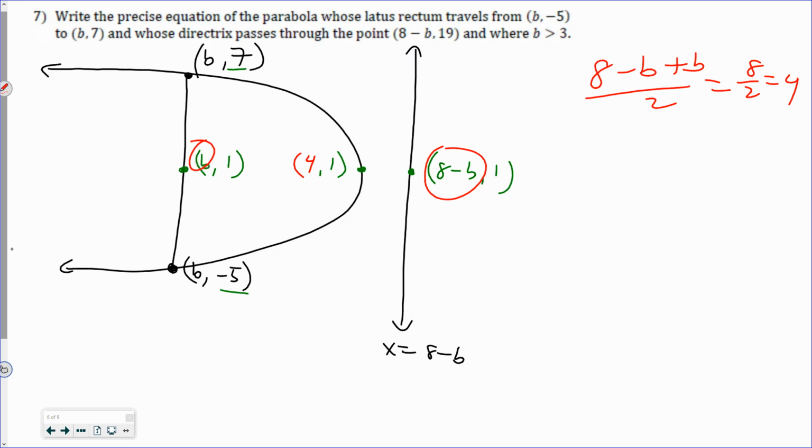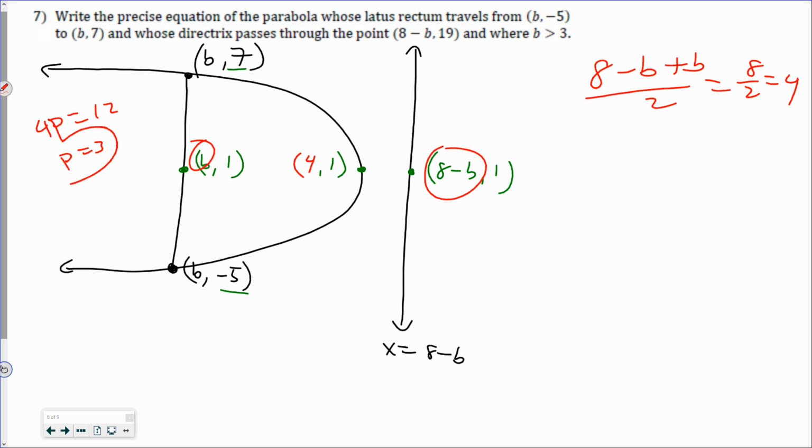Right? So my 4p, that's from 7 to negative 5, that's 12. P is 3. Does that make sense? So p needs to be 3, and I'm told b needs to be bigger than 7. This is what I'm going to figure out: which way should I really open?